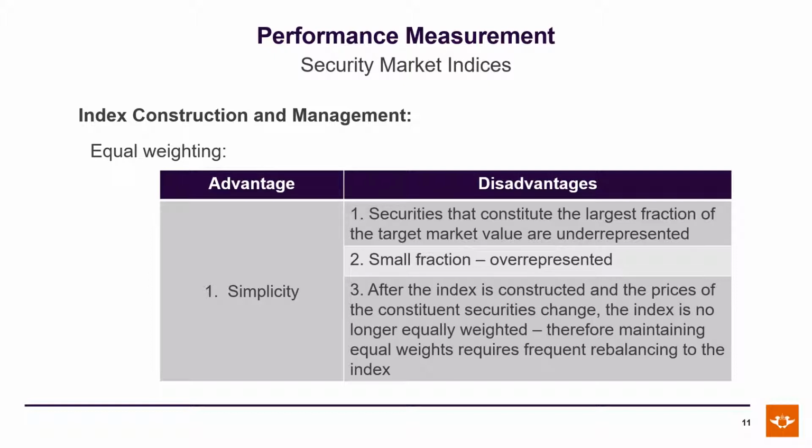The disadvantage is that securities that constitute the largest fraction of the target market are underrepresented. You may have a small fraction that is overrepresented, and the problem is every time the prices change, it changes the weighting. So you have to constantly rebalance to maintain the equal weighting.